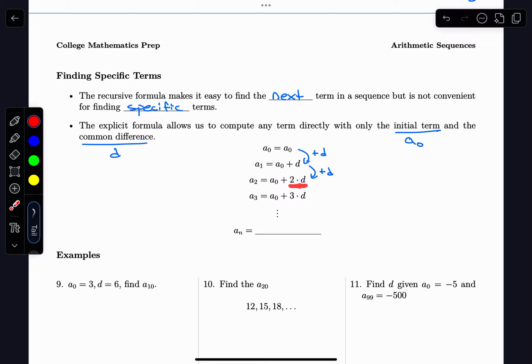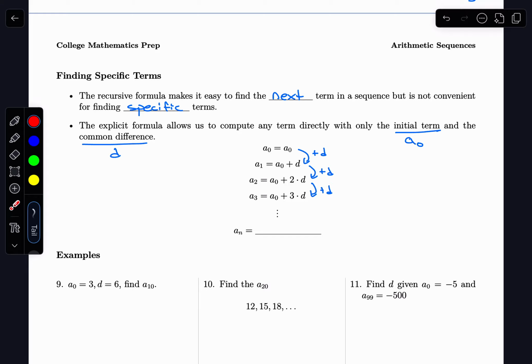So look at what we just uncovered. A sub 2 is equal to a naught plus 2d. Notice a sub 2, 2d. Okay. If I add d again to get to a sub 3, we uncover the fact that a sub 3 is equal to a naught plus 3d. Okay, I had to add that common difference 3 times. So now this gives us our explicit formula.